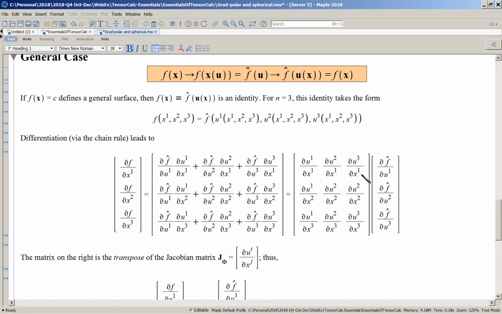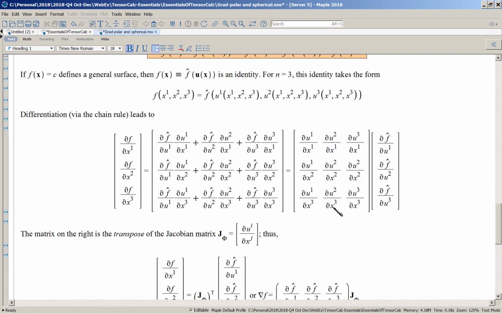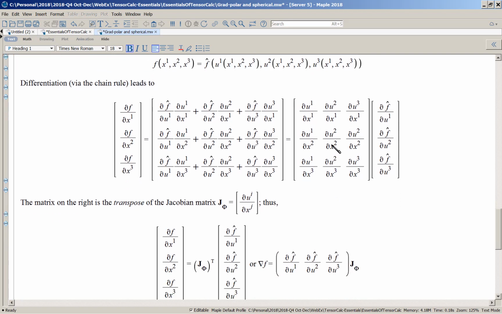But there's a transpose lurking in here, okay? Because for this to be a Jacobian matrix, these derivatives have to be all the same down the first column. So this is really a transpose of J phi.